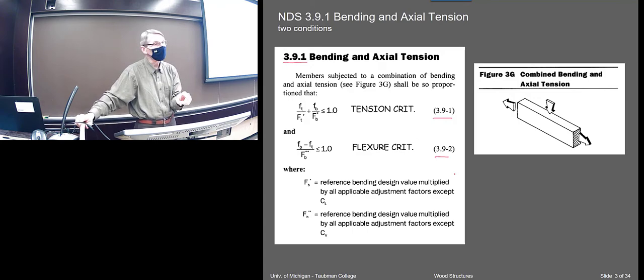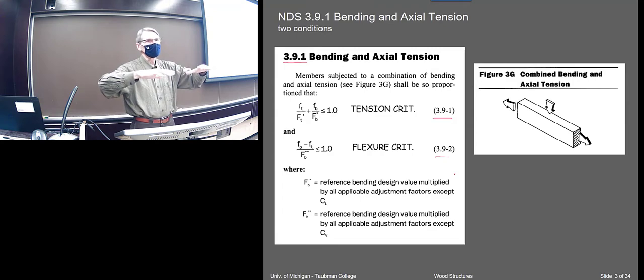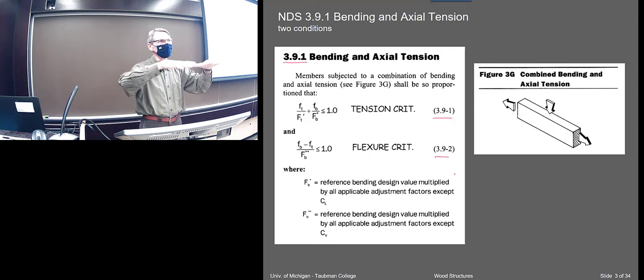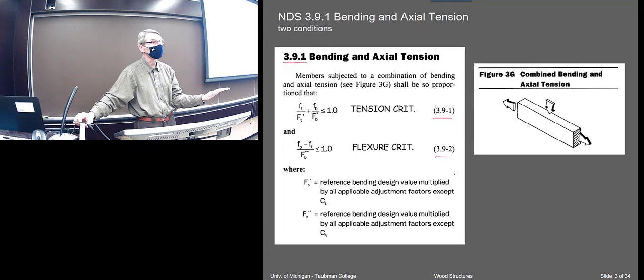So that would probably be tension critical. The other option: I used to store engine blocks in my attic, which was a little bit dicey. That was a pretty heavy load, and it would have caused more flexure than tension. The flexure would have been critical.